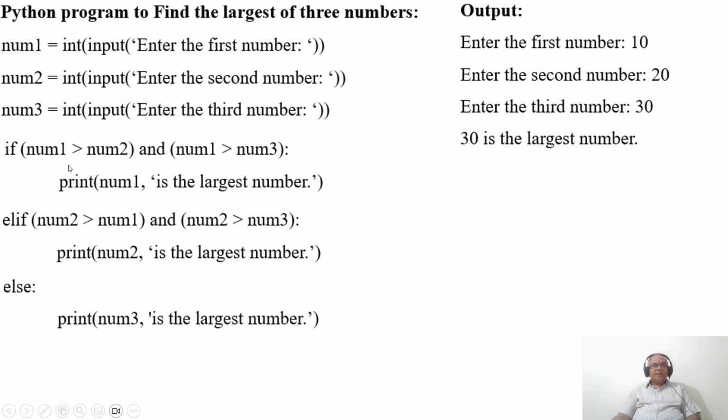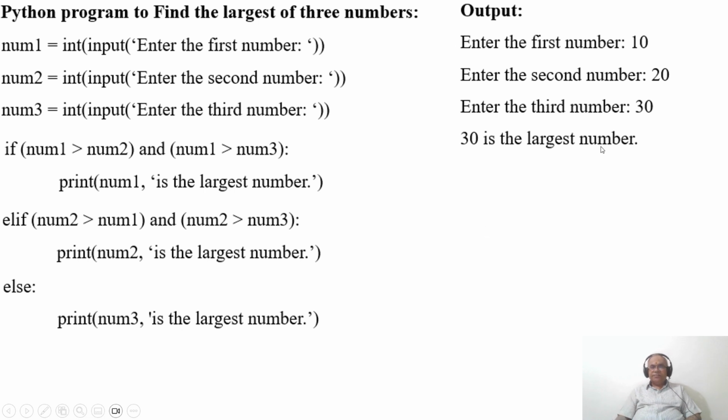So the condition becomes false, and it will skip the statement and come to the else. Therefore it will execute print num3 is the largest number, so 30 is the largest number.